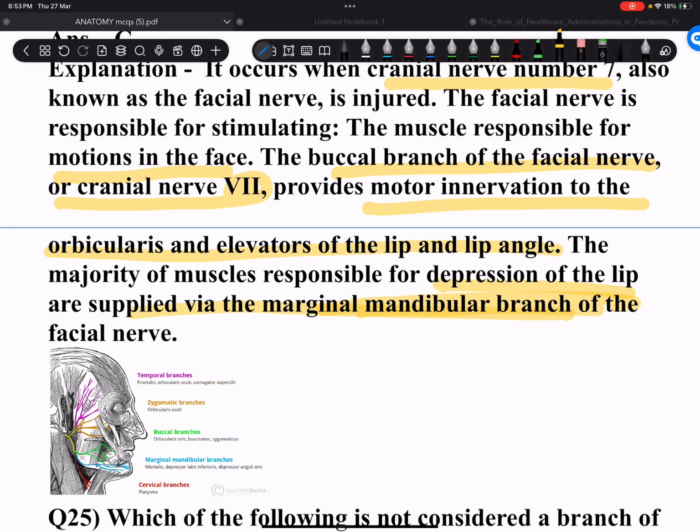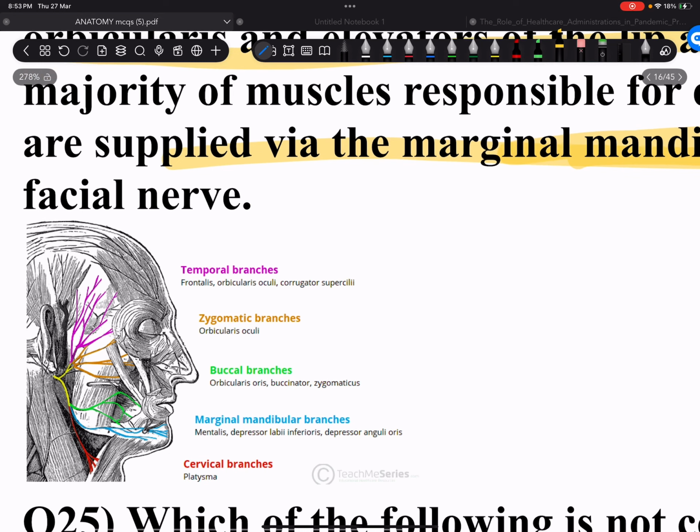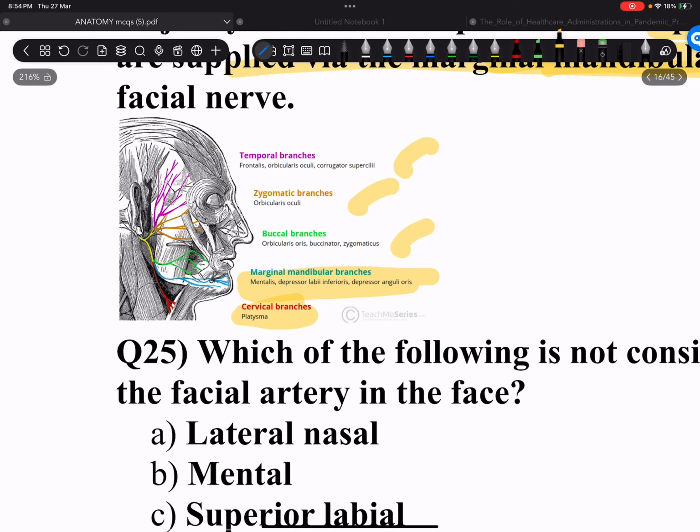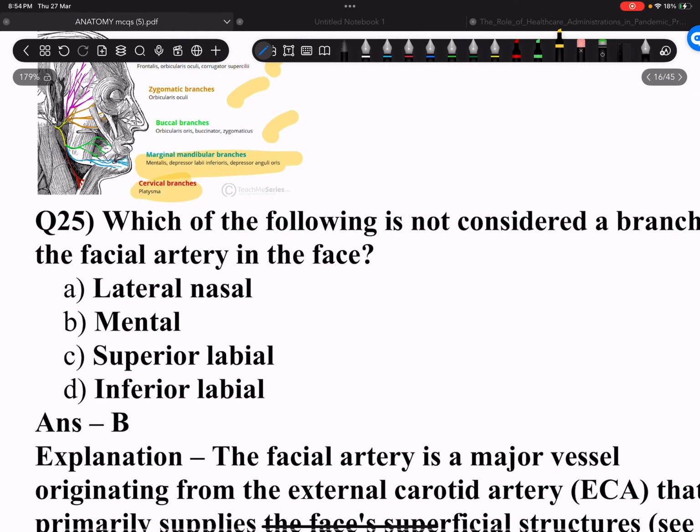You can see this: the temporal branch covers frontalis, orbicularis oculi, corrugator supercilii. Zygomatic branches supply orbicularis oculi. Buccal branches supply orbicularis oris, buccinator, zygomaticus. Marginal mandibular branches supply mentalis, depressor labii inferioris, depressor anguli oris. Cervical branches supply platysma.